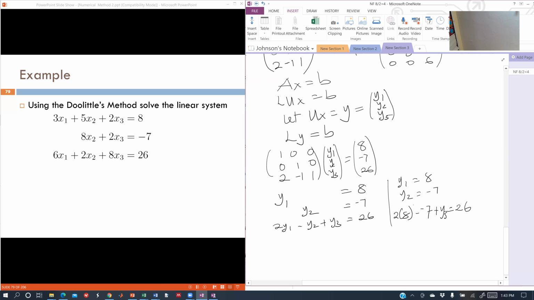So this gives us 16 plus 7, which is 23. Take the 23 there, and that will give us the value of our Y3, and that gives us Y3 is equal to 3. So you see the vector of Y's, Y1, Y2, Y3, is now known to be 8, minus 7, and 3.